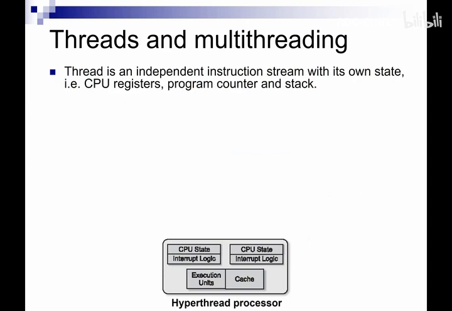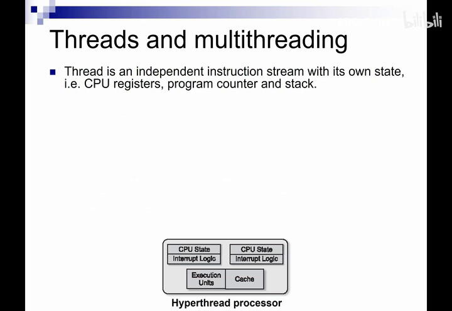Another architecture is the hyperthread architecture. First of all, what is a thread? A thread is an independent instruction stream. Basically you take a program and you execute it, and you need to keep track of where you are in the program execution.